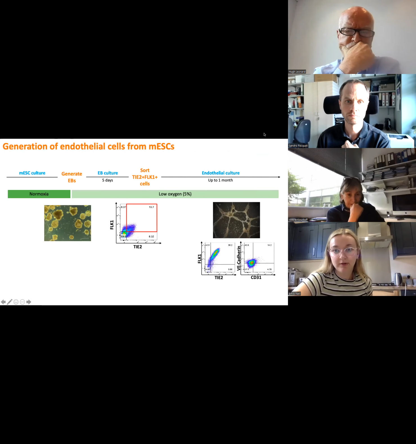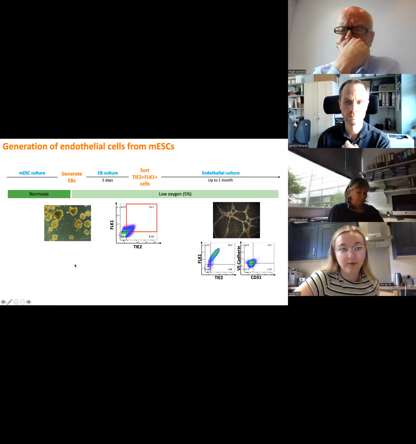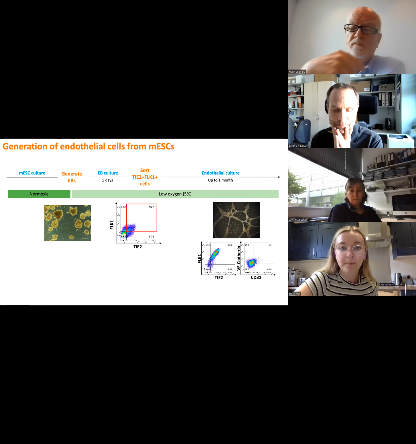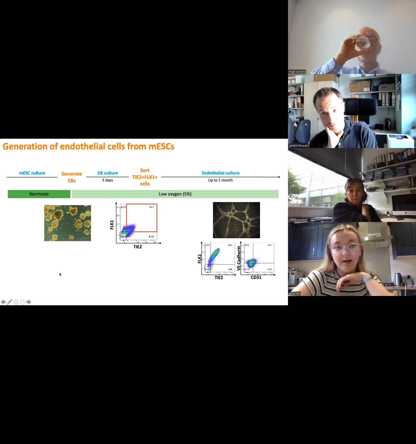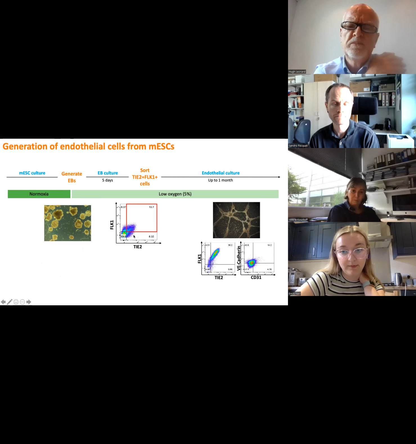This is just a quick overview of the differentiation process itself. We start off with the mouse embryonic stem cells in normoxia, and then we generate these embryoid bodies, which are a 3D culture of floating balls of cells essentially, and they're a mixture of various different progenitor types. From this point onwards, we use low oxygen. After 5 days, I then sort out this Tie2 FLK1 positive population, which is shown here by flow cytometry.